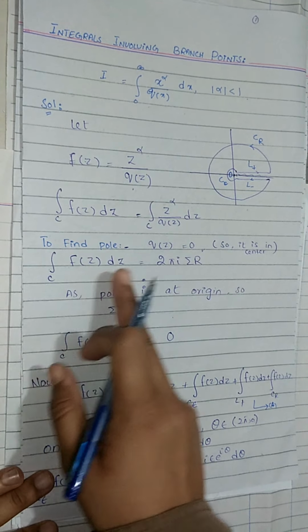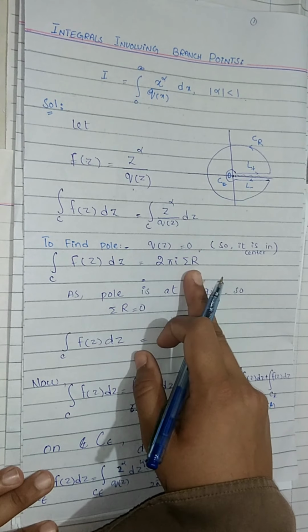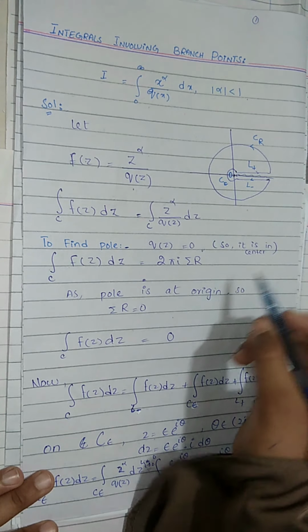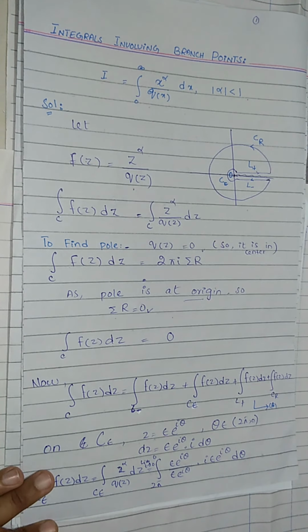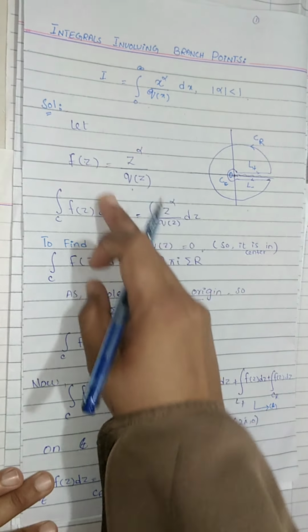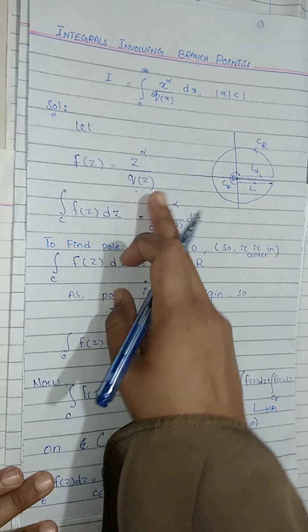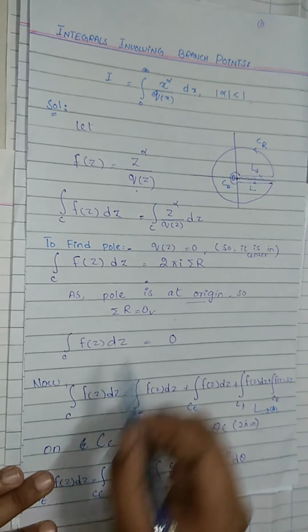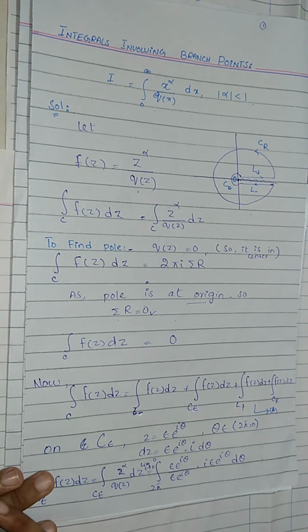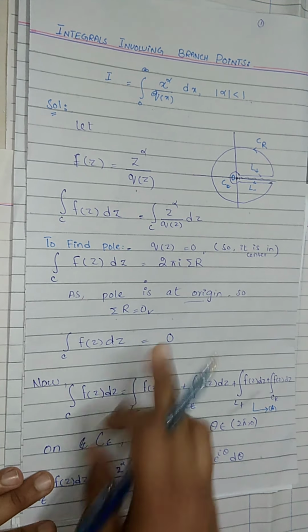So the contour integral of f of z dz is equal to 2 pi i times the summation of residues. As we have just one pole and it is at the origin, the residue becomes 0.